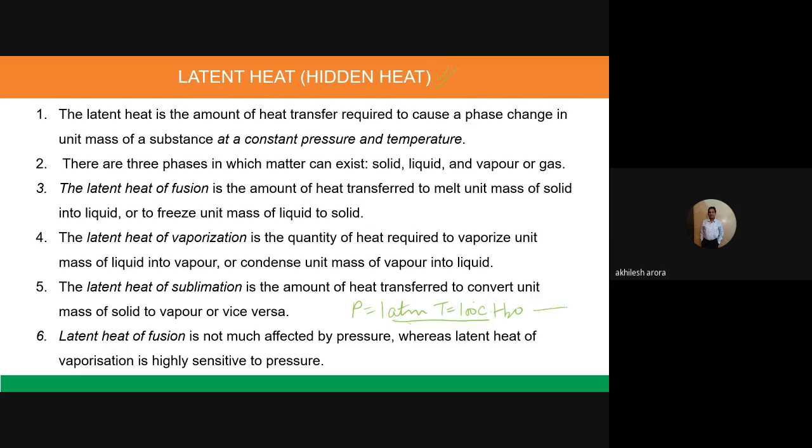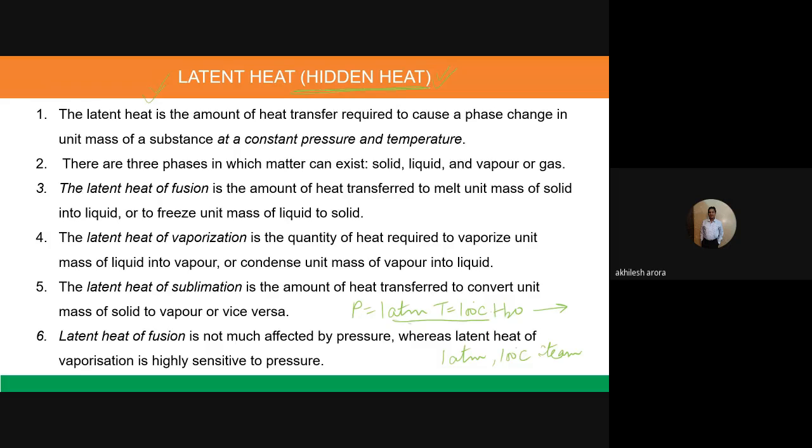When I supply the heat, at the same pressure and same temperature, it converts to steam. So there is a change of phase taking place. This is the heat which is required to change the phase of a substance. That is actually known as the latent heat or the hidden heat.